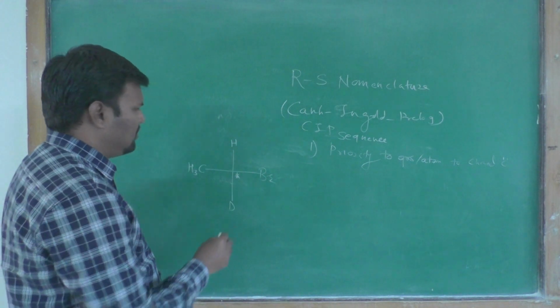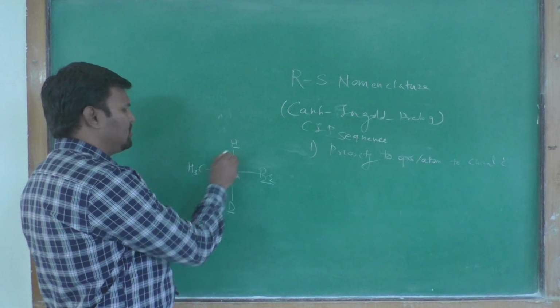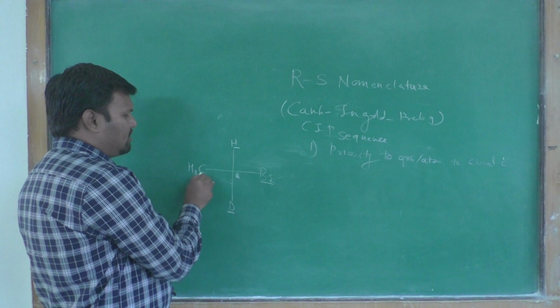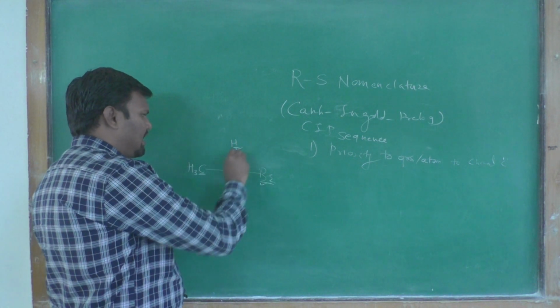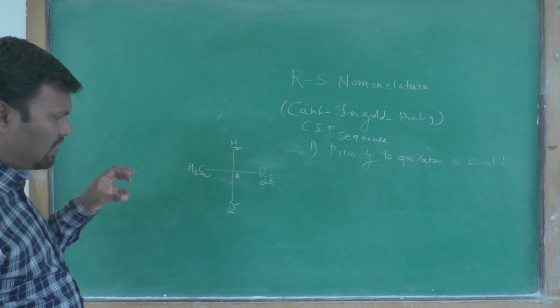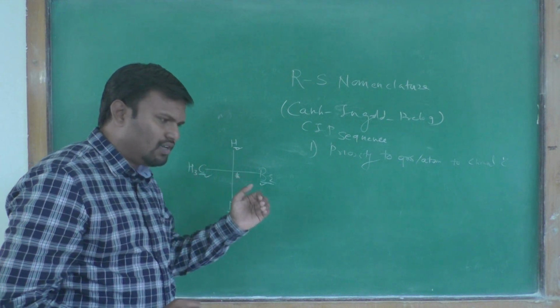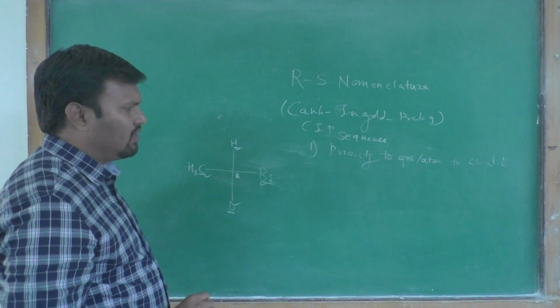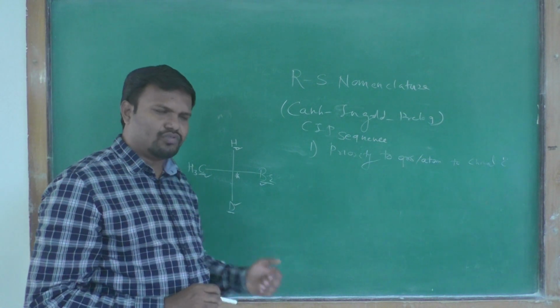In this molecule different elements, different atoms, are attached. If the attachments to the central chiral atom are different elements, then by using the simple atomic number we can give the priority.